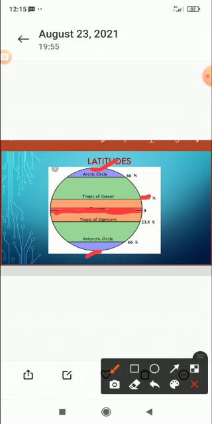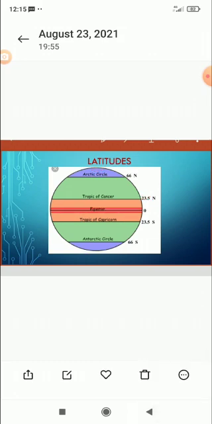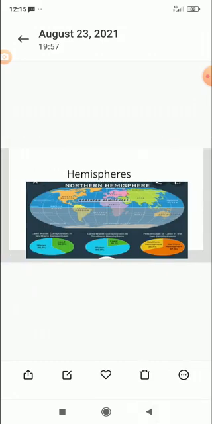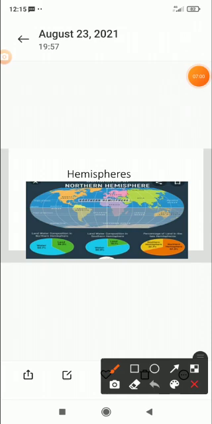The longest of these lines is called the equator. The equator divides the globe into two equal halves called hemispheres. This is the northern hemisphere, this is the southern hemisphere.